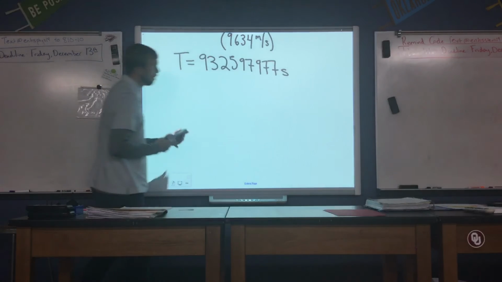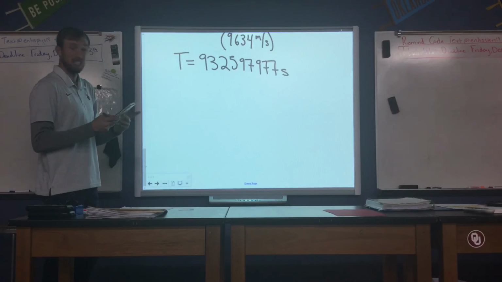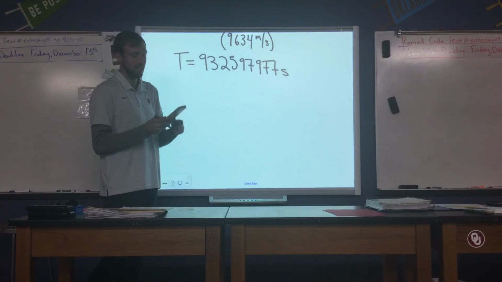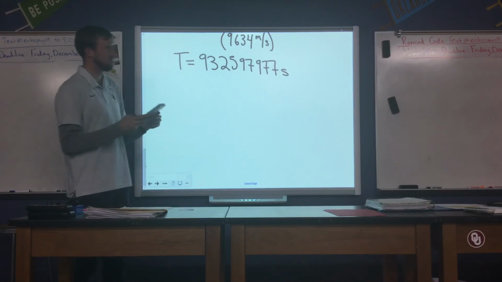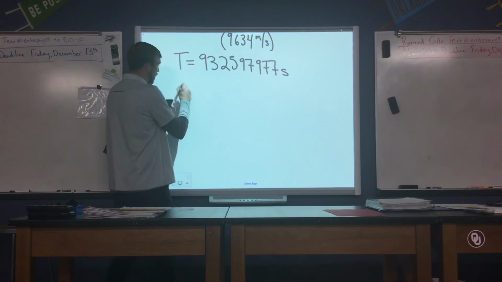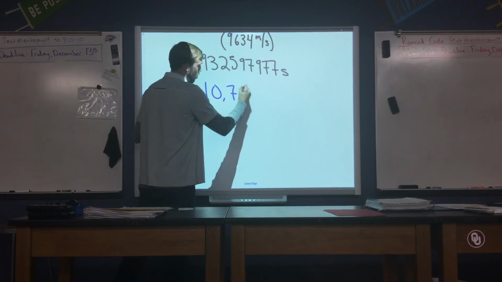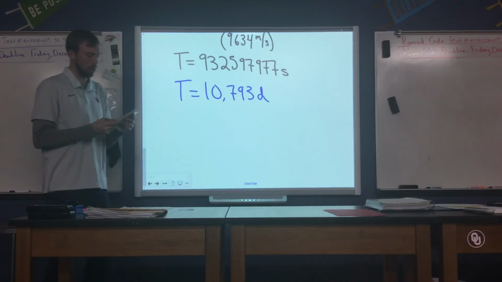So what I'll do here is a little bit of converting. So if I divide this by 60 seconds per minute, still really big. Divide by 60 again, still really big, because there are, again, 60 minutes in an hour. Divide by 24 hours to days. So if I convert this to days, I get approximately 10,793 days, which again seems also really large.